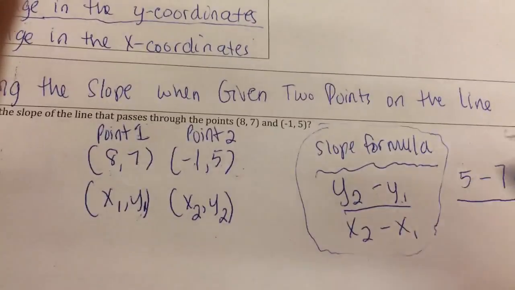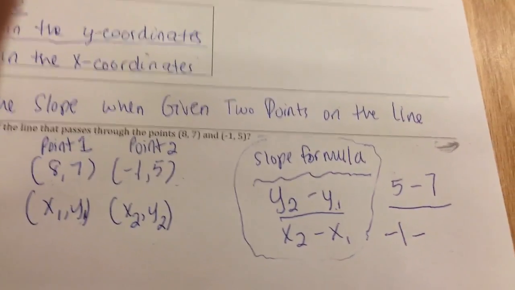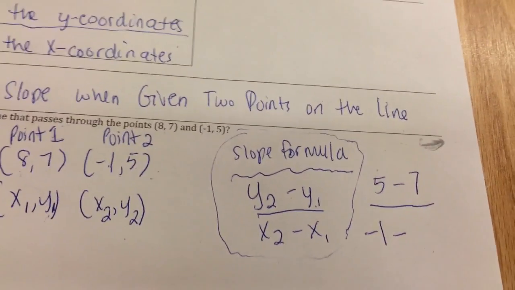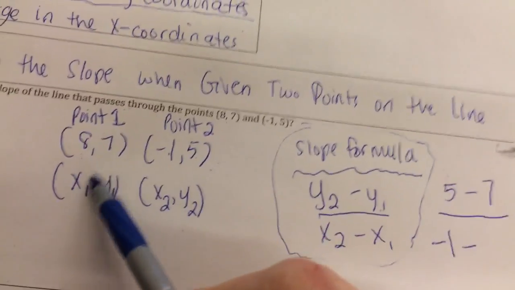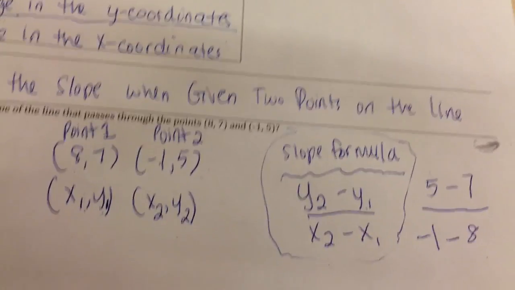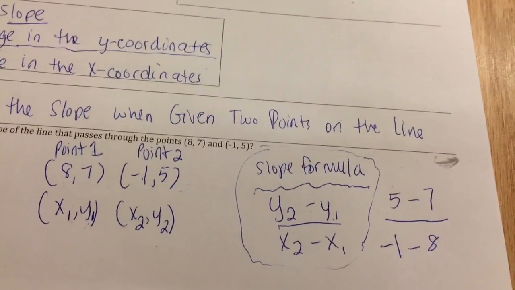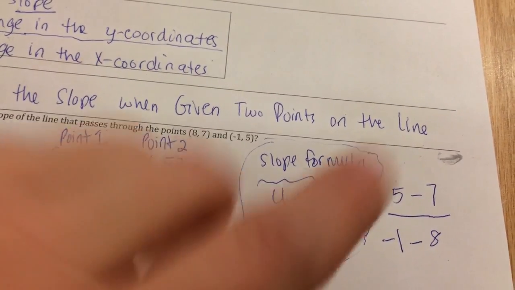Where's my x2? It's negative 1, and it's minus our x1. Where's my x1? It's point 1, so it's the x value for point 1, which is 8. So now we can see all we did is we just plugged our values into our formula.